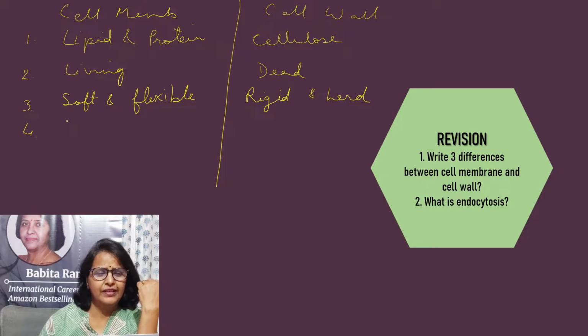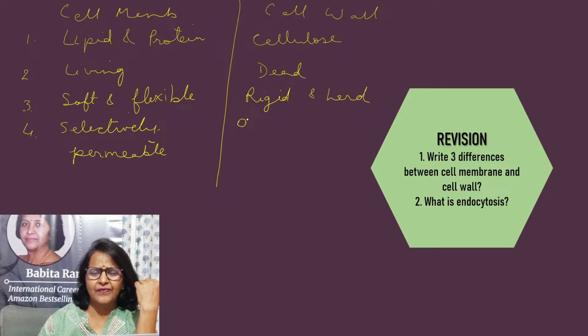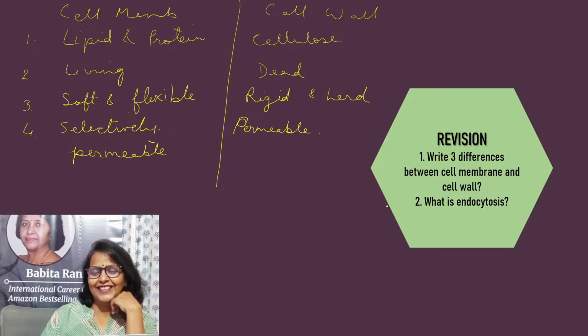Fourth difference, cell membrane is selectively permeable and cell wall is permeable. So these are some of the differences between cell membrane and cell wall.